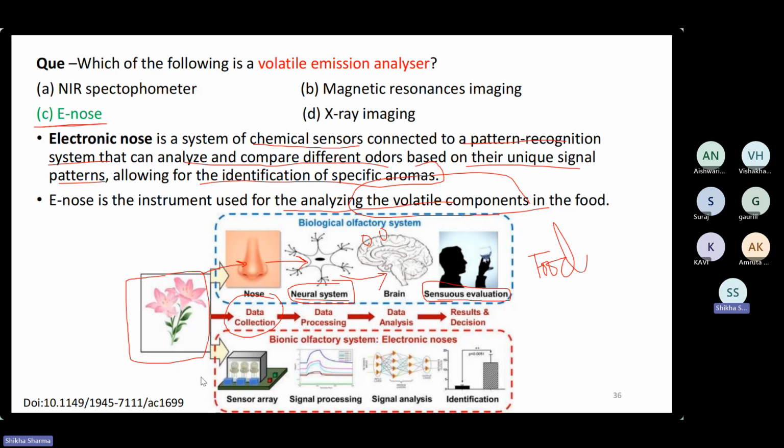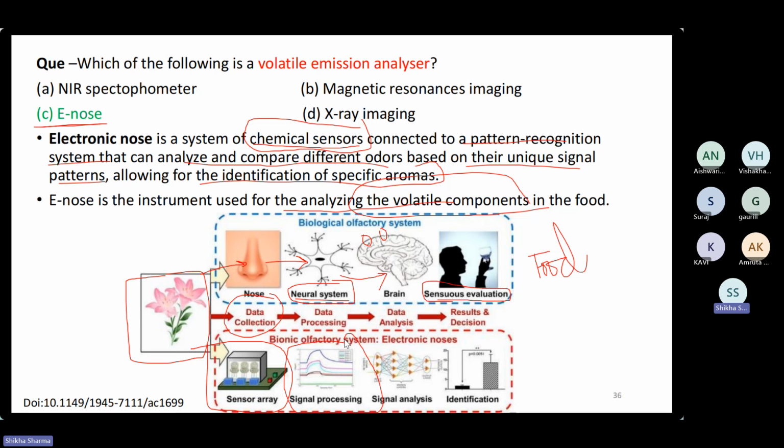Whereas when there is an e-nose, it will take the smell, collect the smell based on the sensors. Many sensors will be there, which will take chemicals. That's why we are saying that it is a chemical sensor. So it will take all the volatiles or the chemical compounds with the help of the sensor arrays, and then the signal will be processed.